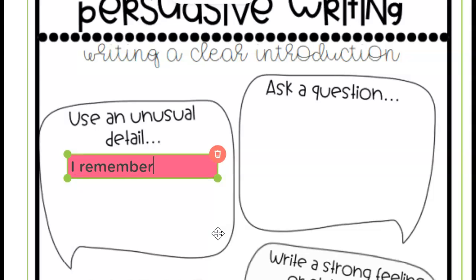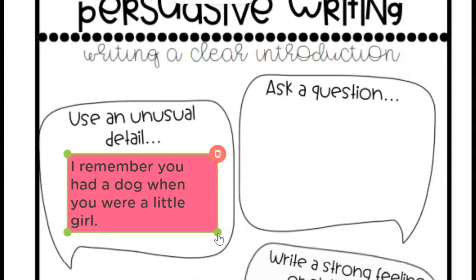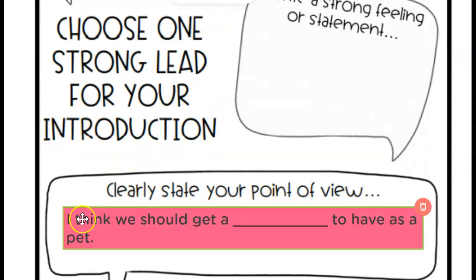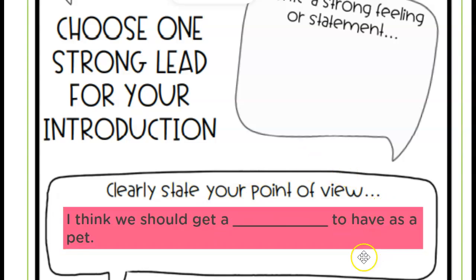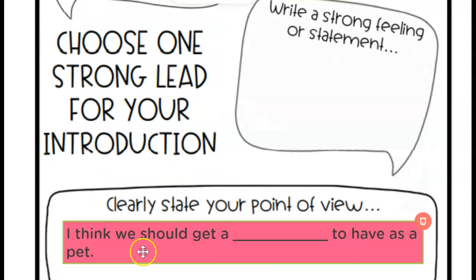I remember you had a dog when you were a little girl. Then my next statement would be, I think we should get a dog to have as a pet. So I grabbed her attention and then I told her what I want.